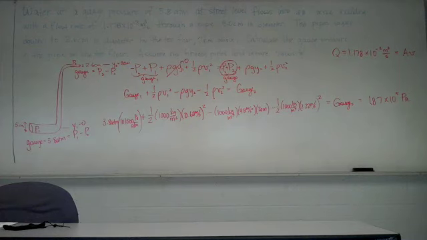For those of you plugging and checking, are you getting the same value as me? Now we can easily put this back into atm by dividing by the 101,300. So the gauge pressure at the top is only 1.8 atm, whereas at the bottom it was 3.8 atm.